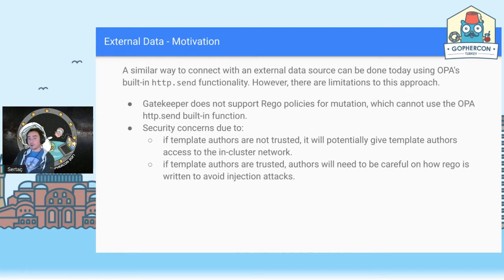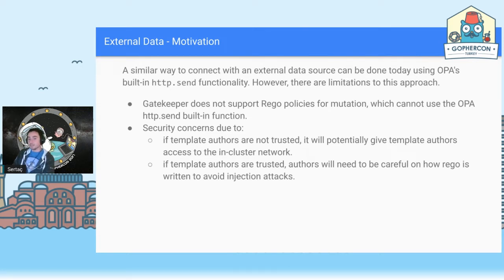We also thought there were security concerns due to a number of factors. First of all, if the template authors are not trusted, it will potentially give them access to the in-cluster network. Say, for example, let's talk about the log4j vulnerability.